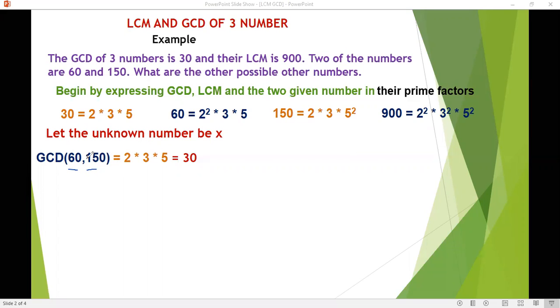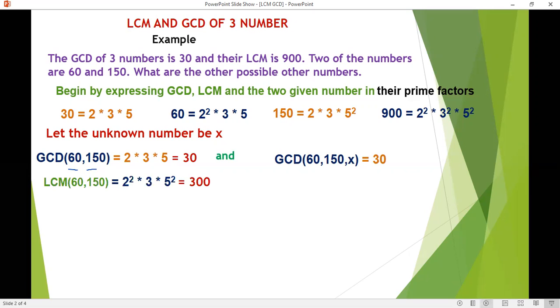The GCD of 60 and 150 is 30. The GCD of the three numbers was also given as 30. So x does not impact the GCD.